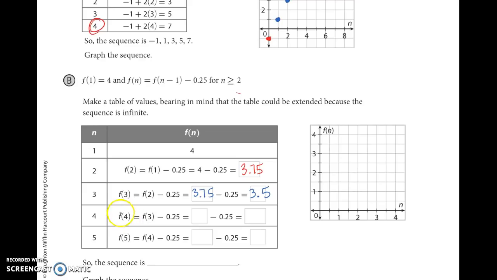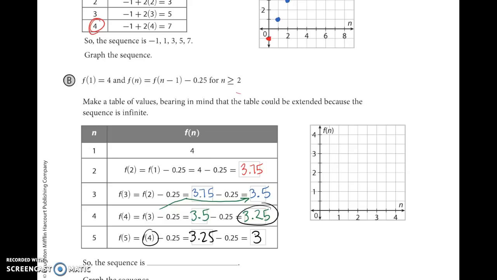For the next one, when you're finding f of 4, you use the previous term, f of 3, which is 3.5. 3.5 minus 0.25 is 3.25. And for this one, f of 4 we just found to be 3.25, and we subtract 0.25 and we get 3.